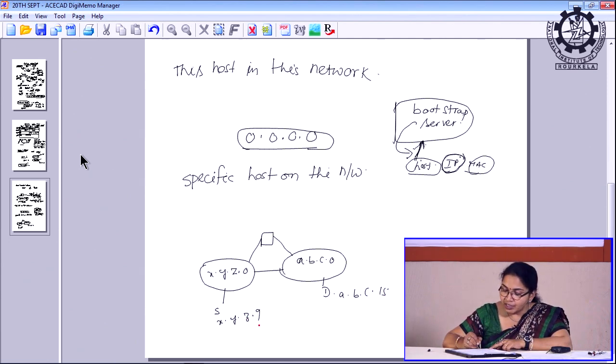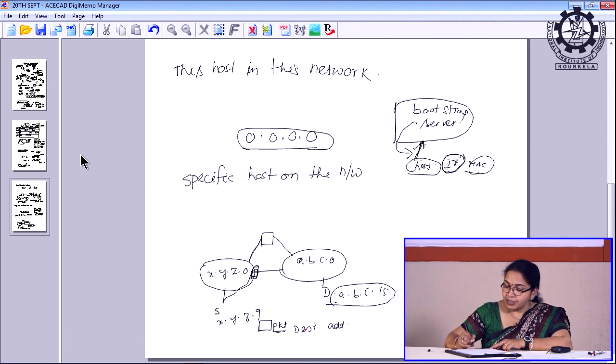So when this fellow generates a packet, the destination address of the packet is a.b.c.15. This is the destination address. When this sender sends the packet to the router or to the gateway or to any intermediate hub, the router or the gateway understands that this packet is for somebody else, not for a host inside my network, because the network address is a.b.c, which is not mine.